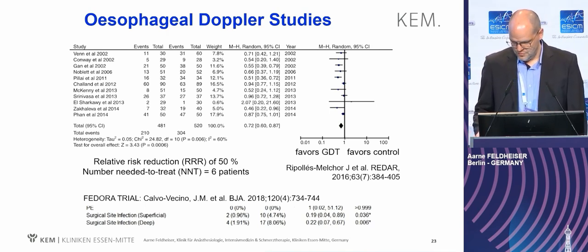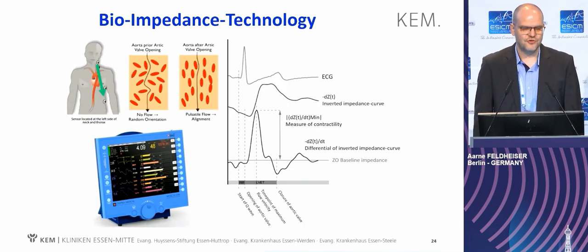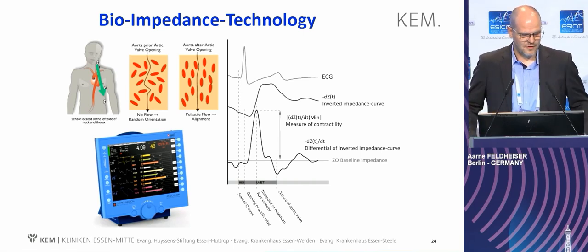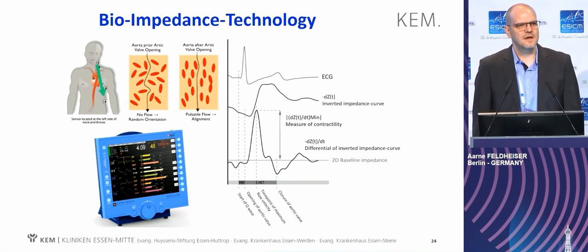Passing on to bio-impedance technology. What is the bio-impedance technology doing? It's sending a current through the thorax, and it measures the modification by the orientation of the blood cells on that current, on the way it goes through the thorax.